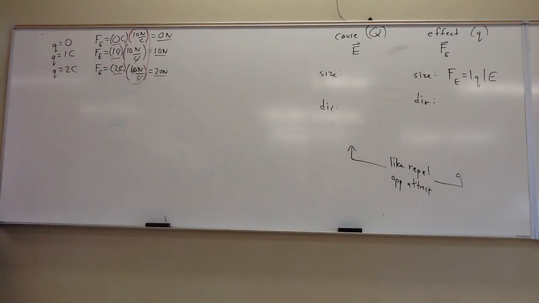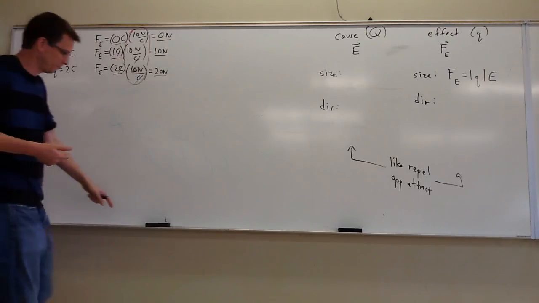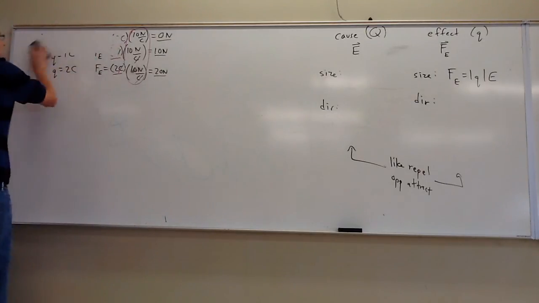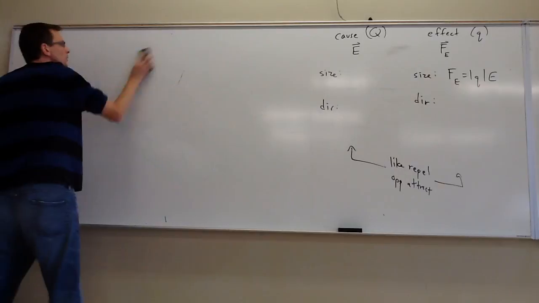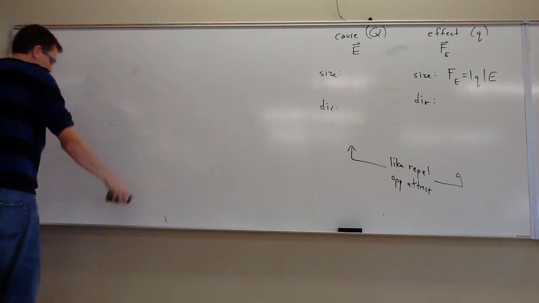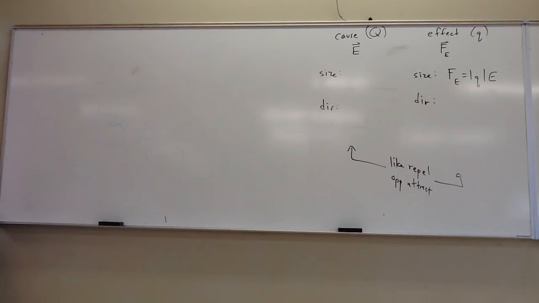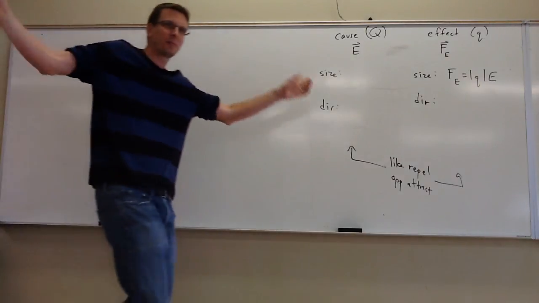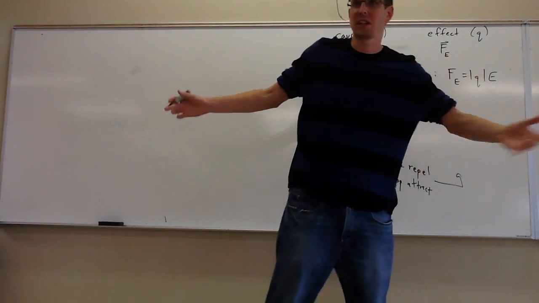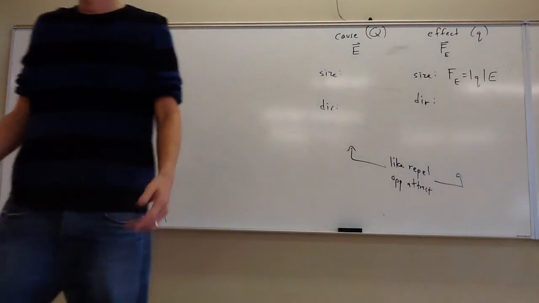Okay, so let me go to the cause side. There's got to be a better way to draw the electric field than some soupy green mess which conveys no information other than it either is in a space or it's not, okay?